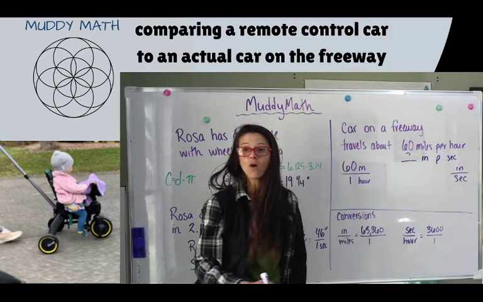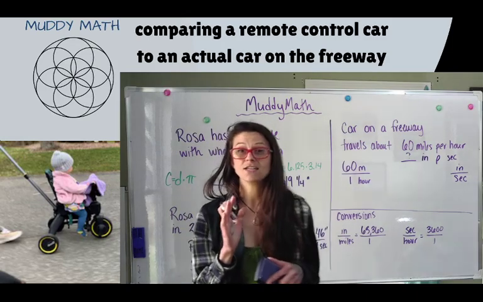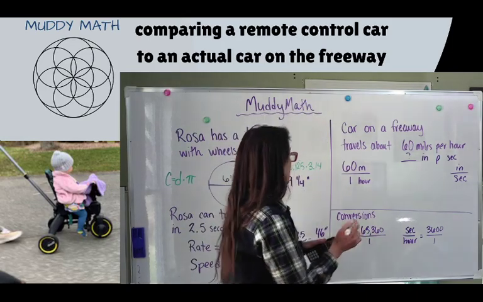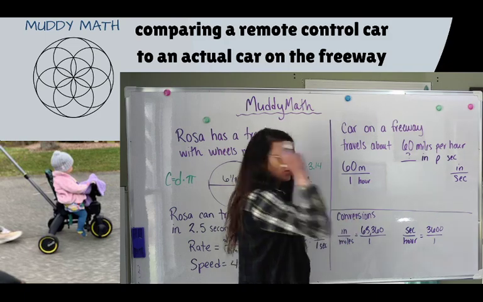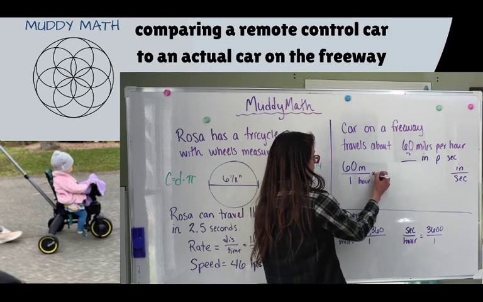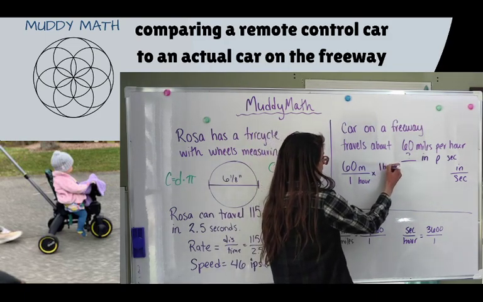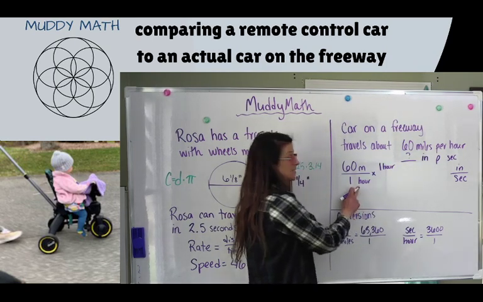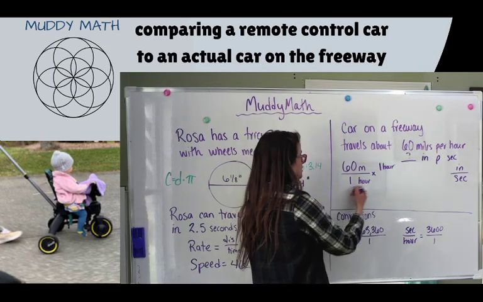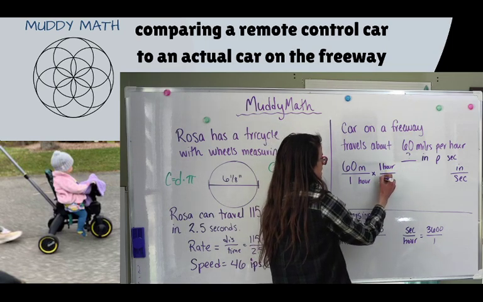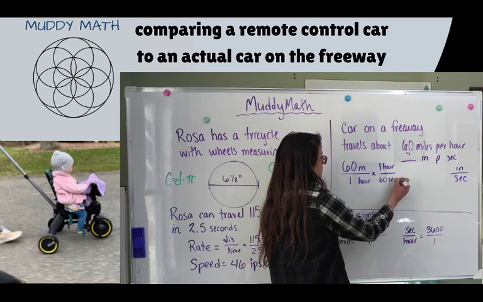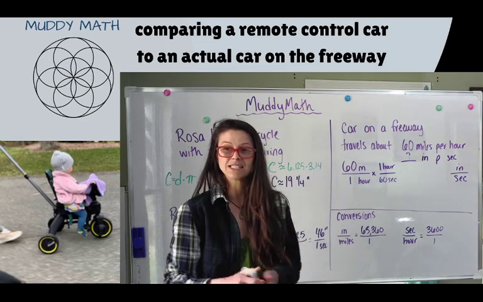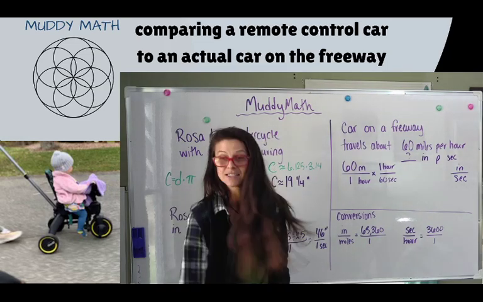okay, first I want to find a conversion rate that'll cancel out the hours. So I know that if I multiply 1 hour by something divided by an hour, these two will cancel. And I know that 1 hour is the same as 60 seconds. So 1 hour divided by 60 seconds, that's the exact same thing.